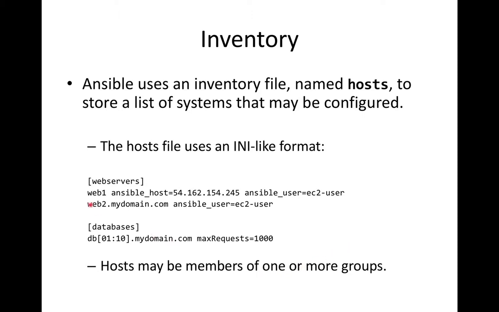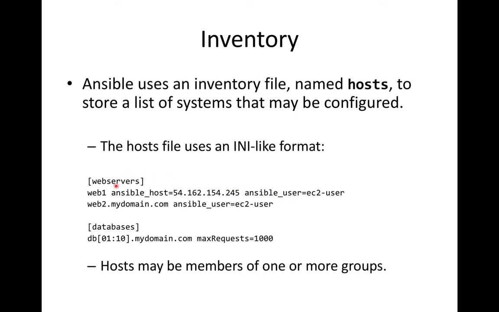So you look at this hosts file, you see that there are two groups, one called web servers, one called databases. And in the web servers group, we can find two web servers defined. One is called web1, and the other one is called web2.mydomain.com. And for each server that's defined, there are a number of attributes that are also defined.